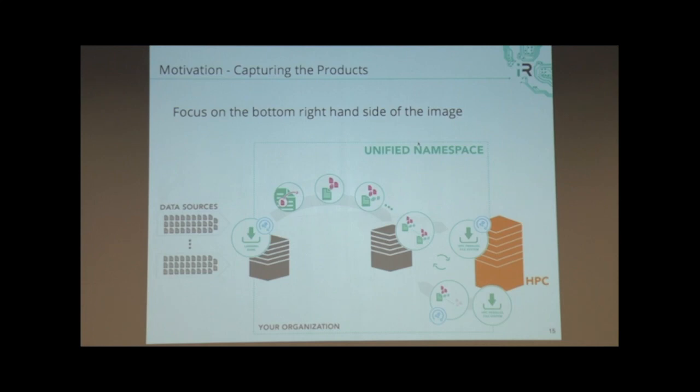So they're sent to a compute resource that has high performance computing in it, and that can compute results, add metadata to the results, and send it back to iRODS.